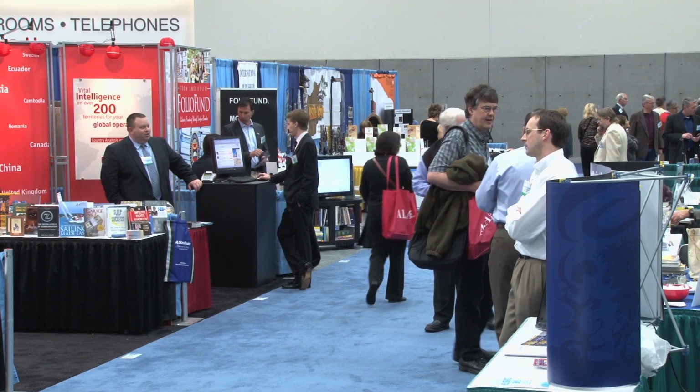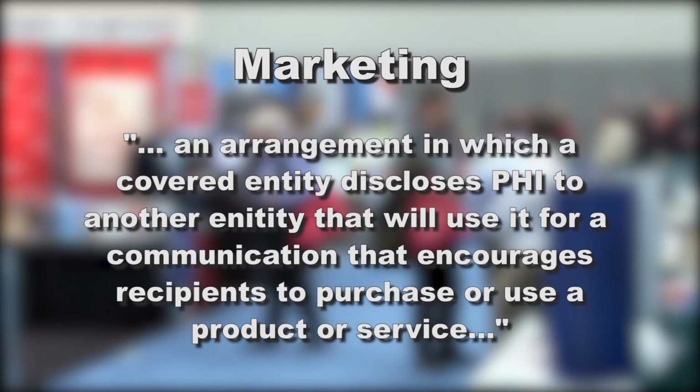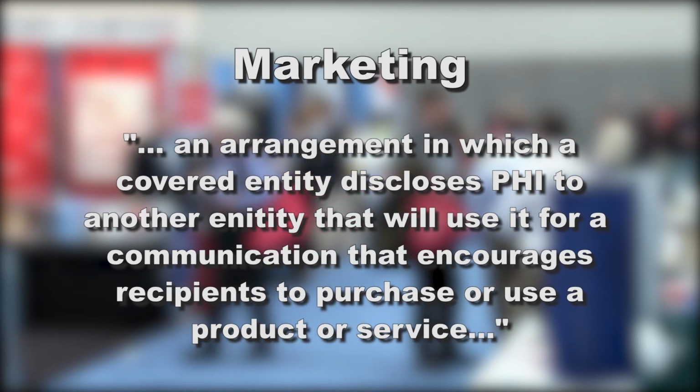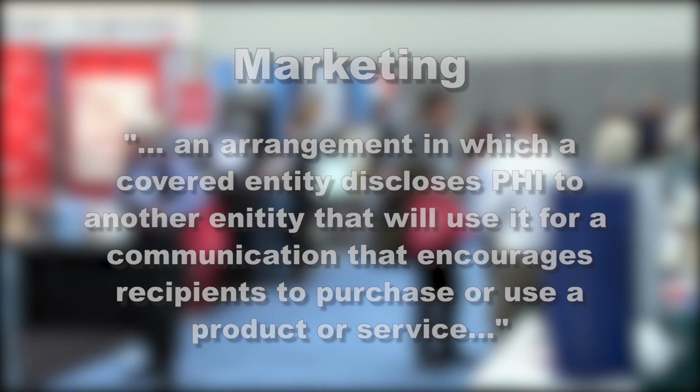But marketing is also defined as an arrangement in which a covered entity discloses PHI to another entity that will use it for a communication that encourages recipients to purchase or use a product or service.